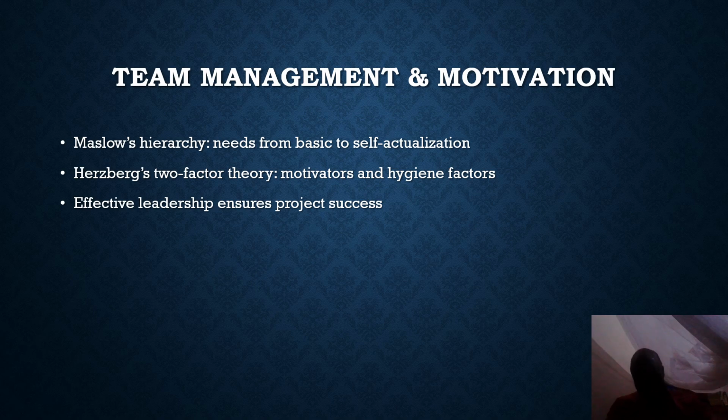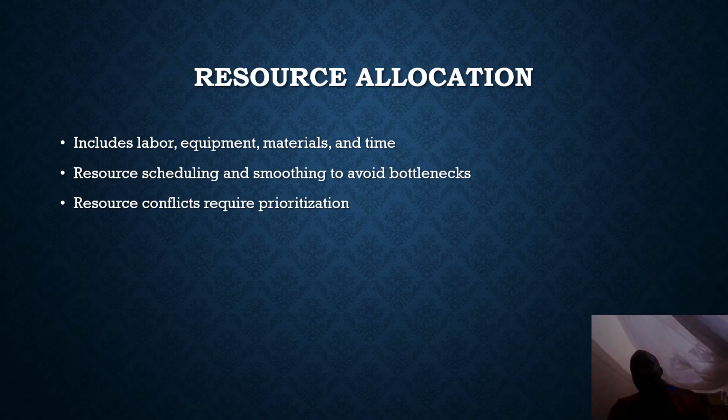Then we have team management and motivation. Maslow's hierarchy. Those ones are based on the needs from the basic to self-actualization in a project, the project needs. Then we have Herzberg's two-factor theory, motivators and hygiene factors, effective leadership, which ensures project success.